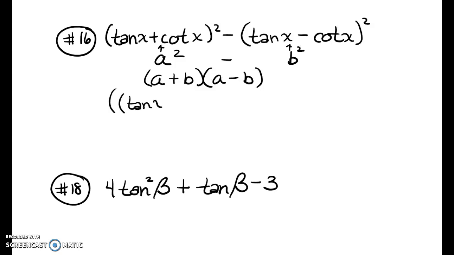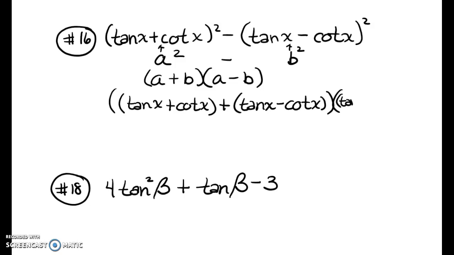I get the tangent of x plus the cotangent of x plus the tangent of x minus the cotangent of x. And now for the subtraction, I get the tangent of x plus the cotangent of x minus the tangent of x minus the cotangent of x.